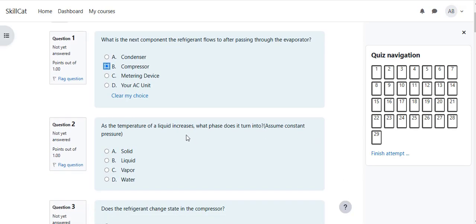As the temperature of liquid increases, what phase does it turn into? Assume constant pressure. Temperature of liquid increases, it will change to vapor.